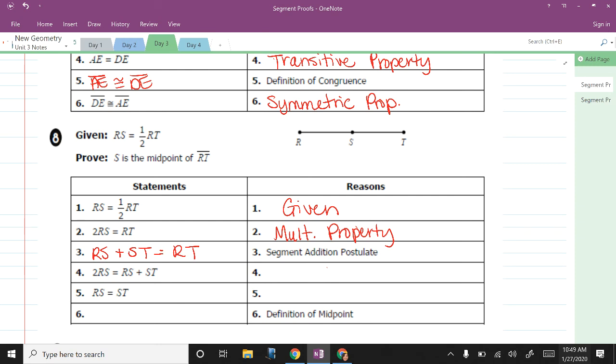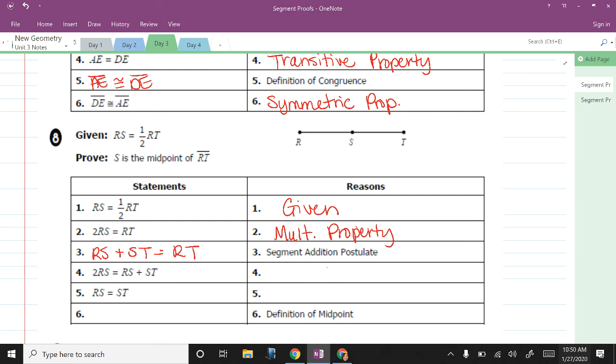Okay. So from one step to the next, I got 2RS equals RS plus ST. What did they do here? Use all your statements. How did they get from 1, 2, and 3 to step 4? Well, where do you see 2RS earlier?